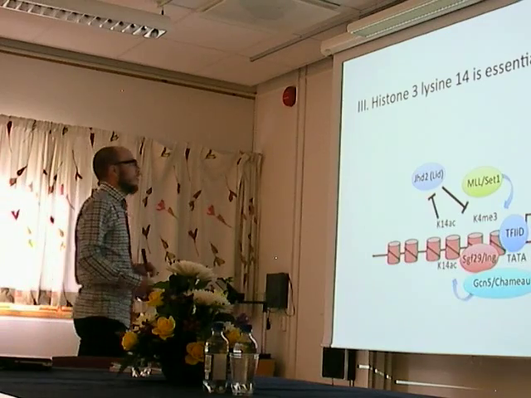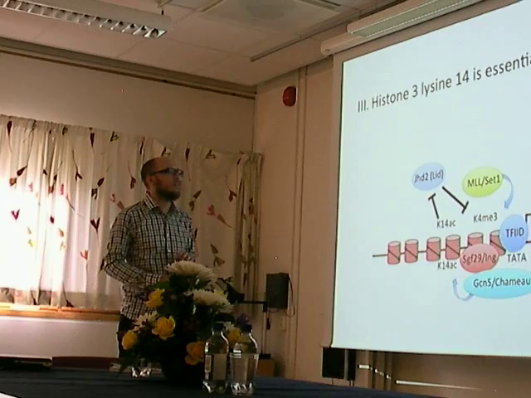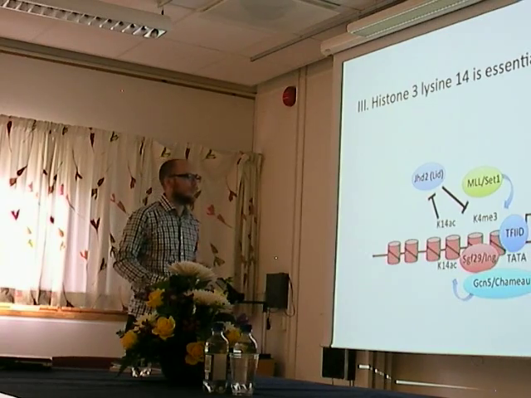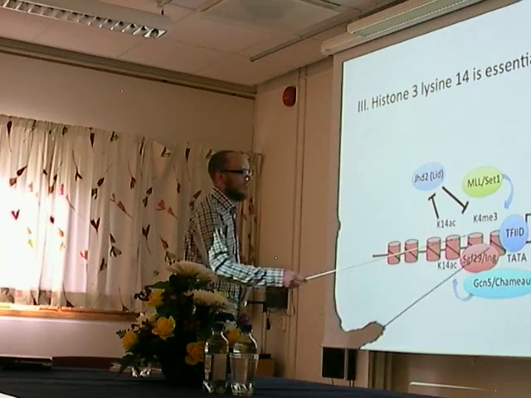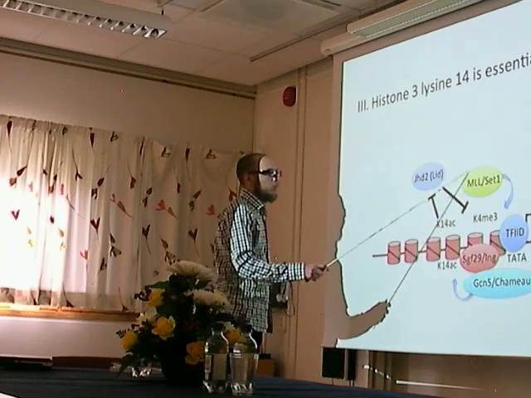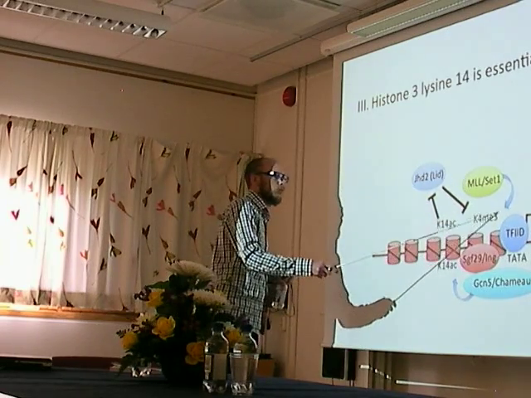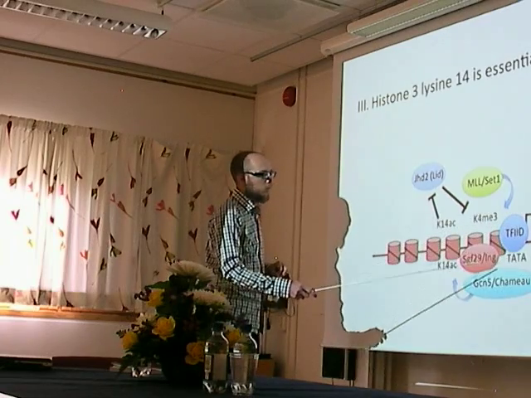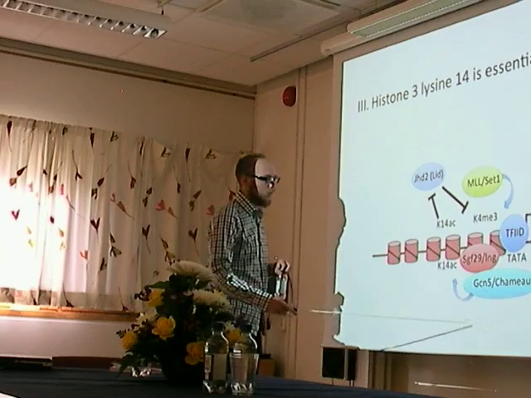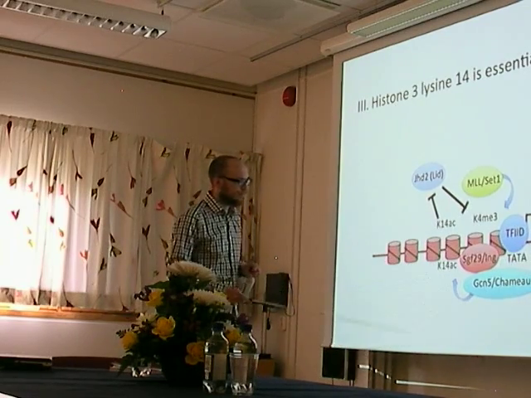So my next part, number 3: histone 3 lysine 14 is essential in Drosophila. Here we have the same chromatin model again, where we have MLL trithorax protein distributing the K4me3 mark. This mark is recognized by factors with HAT activity that can acetylate K14.